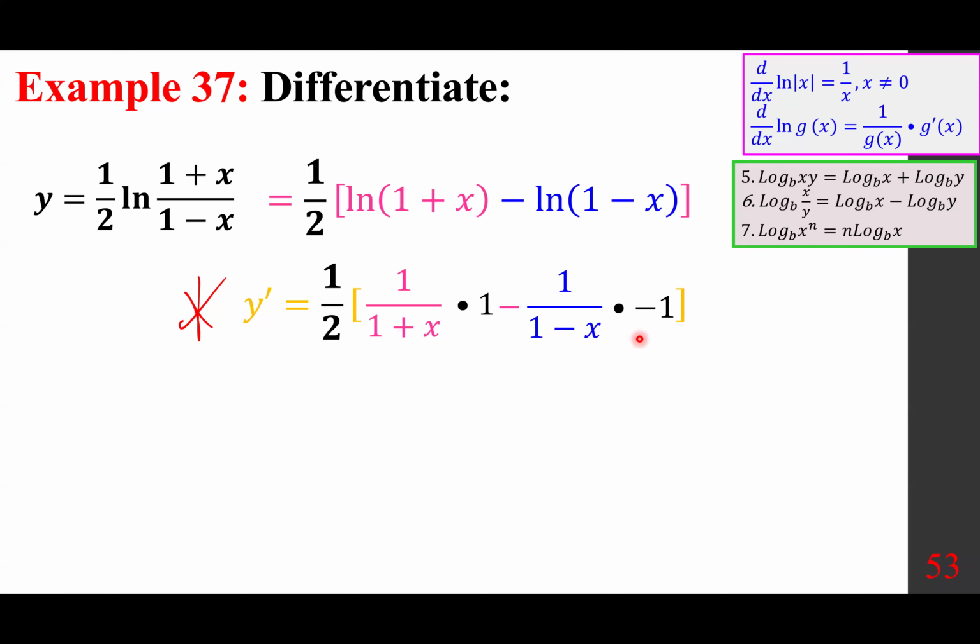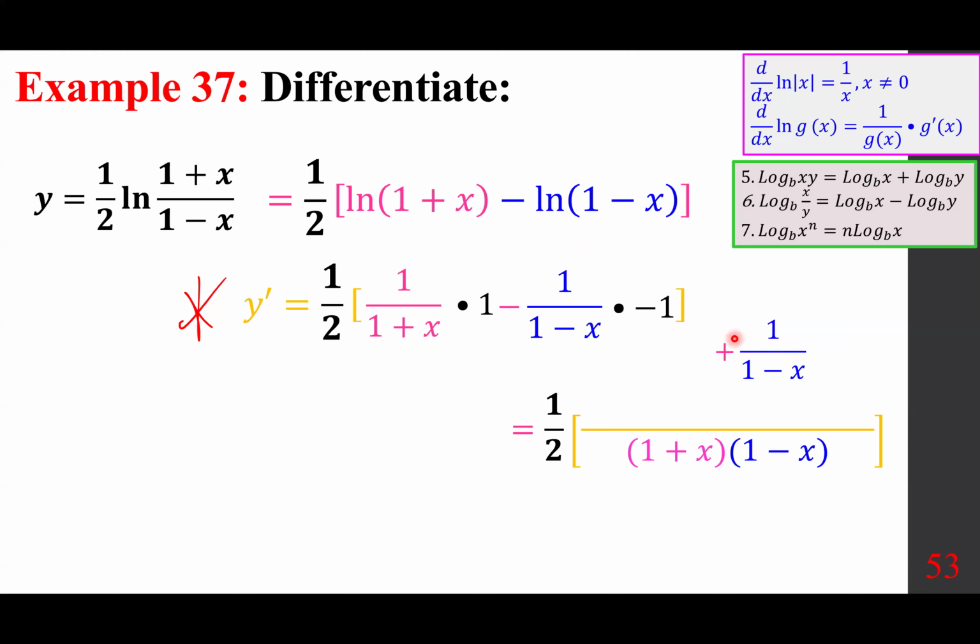Inside the brackets, the LCD, the least common denominator, is the product of 1 plus x and 1 minus x. So this part refers to this one.